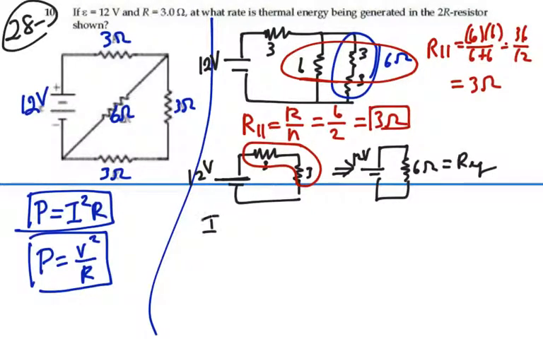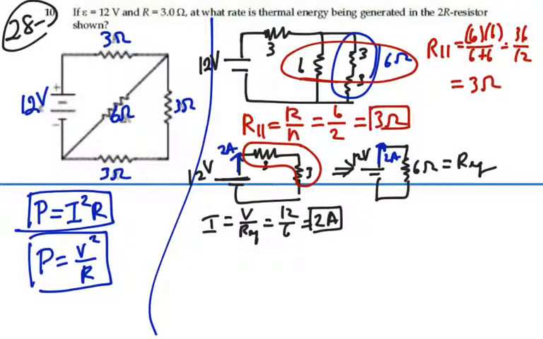Hence, the current coming out of the battery, which is the voltage of the battery over R equivalent, is 12 volts divided by 6 ohms, or 2 amps. So I have 2 amps coming out of the battery in any representation I choose. For instance, there's 2 amps coming out of the battery in this representation, or in this representation.